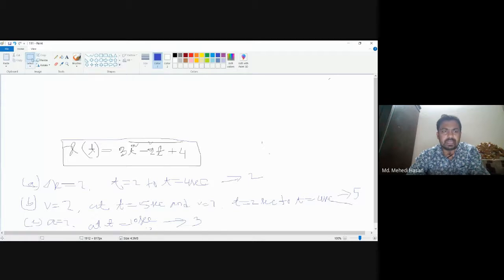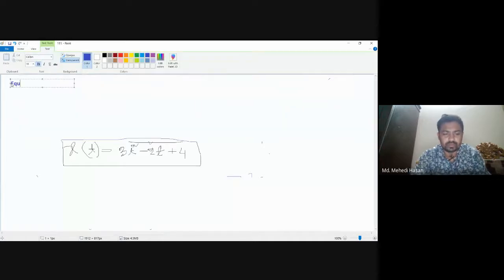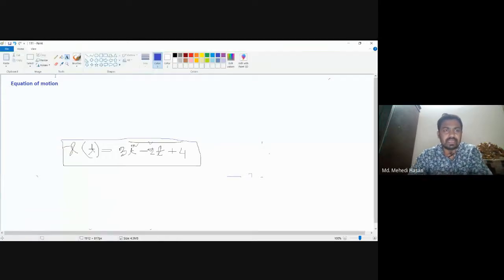And there will also be another question from that topic, which is the equation of motion. We know the equation of motion. There are three or four equations.